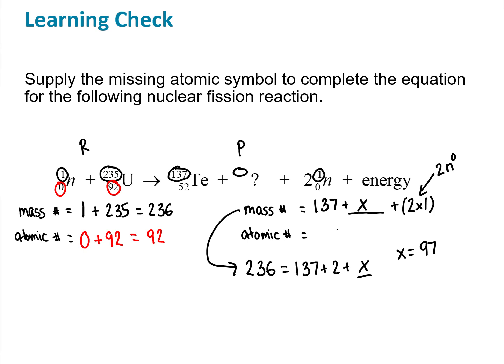For the atomic number, it's a very similar thing. So we know that our new atomic number for the element is 40.